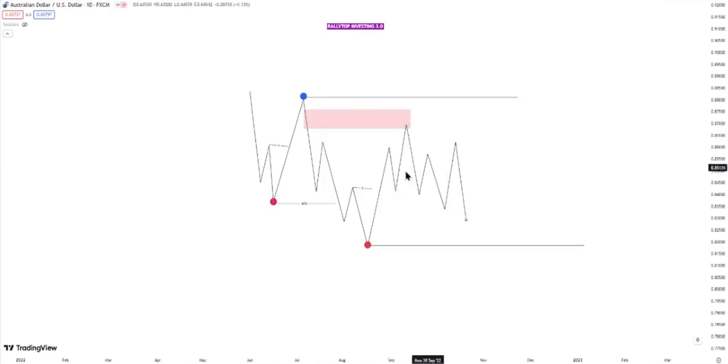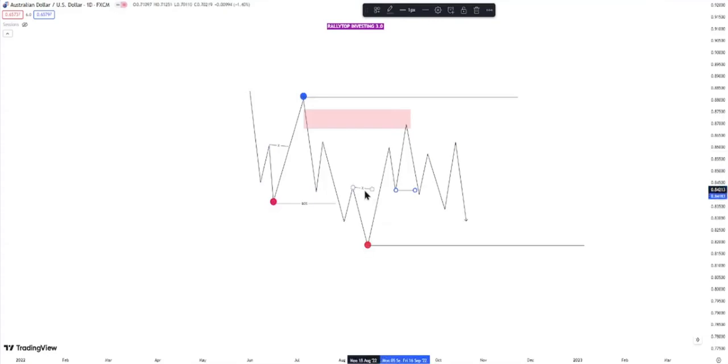And therefore, as you can see, when price tapped on this point of interest, it took out this low here. This low here is known as chop. Why? Because it tapped on this point of interest. So this is chop, and you need to wait for inducement, and inducement is here.